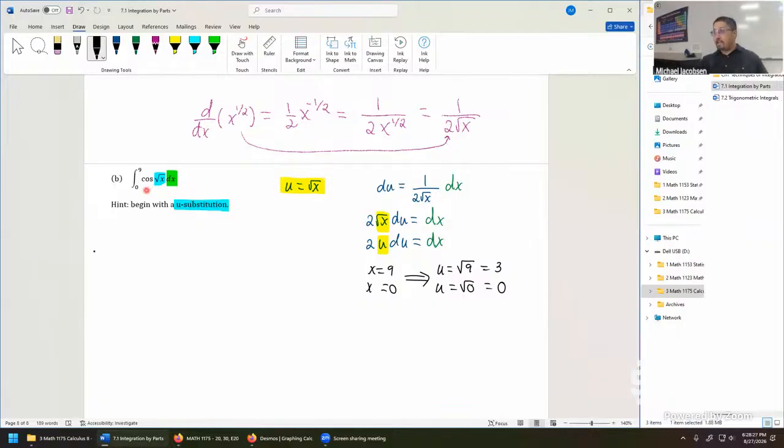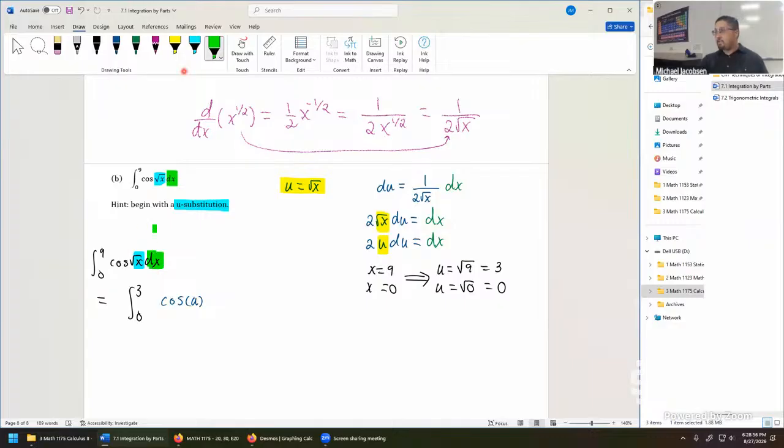Let's come back here and say the integral from 0 to 9 of cosine root x dx now becomes the integral from 0 to 3, with the new limits of integration, of cosine root x. I'm going to write it a little bit to the right as cosine u, root x turning into u.